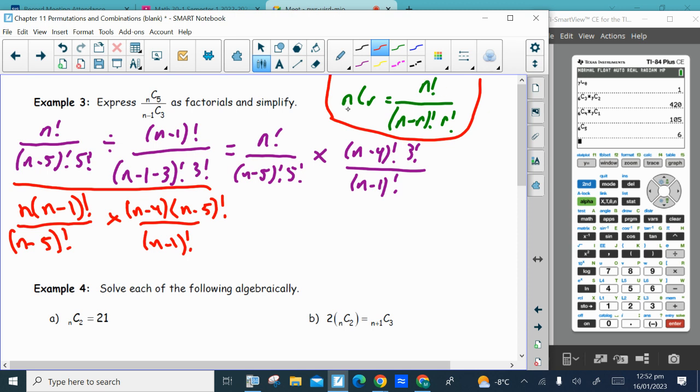That's what is in front of the C, which for this top part is just n. After the C is your r. On the bottom part, the expression that's in the n position is n minus 1. That's what's in front of the C. r is what's after the C. Minus 3, yep, which is right there.